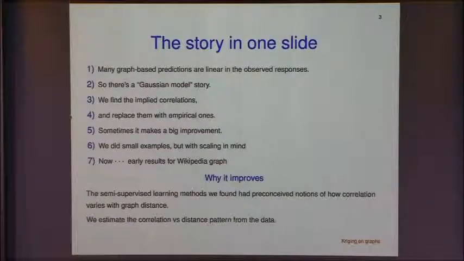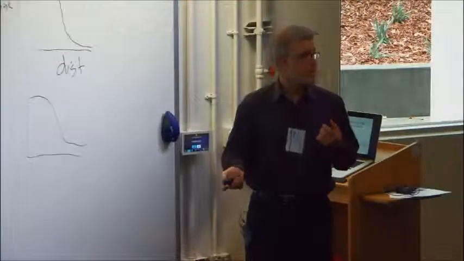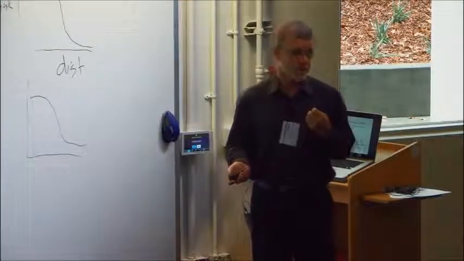Here's the one-slide summary of what happens. A lot of those graph-based predictions we found in the literature were linear in the knowns. I'll predict this unknown using a linear combination of the knowns. If there's a linear combination, you think somewhere there's a Gaussian story. There's a covariance matrix, because with a Gaussian, your prediction at the unknowns is a linear function of your knowns. So we went looking for their correlation matrix.